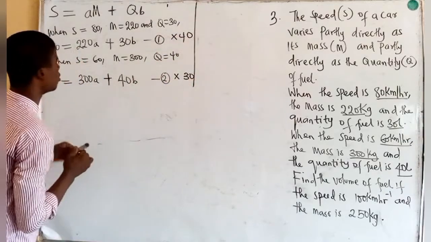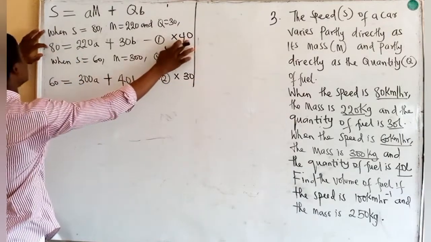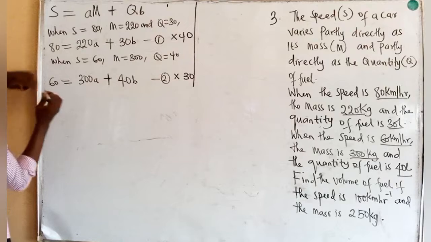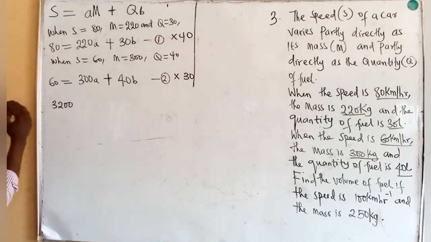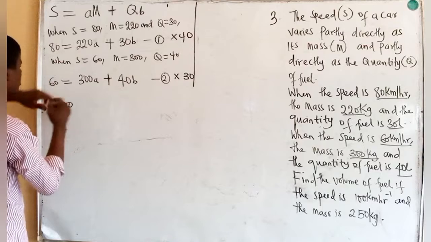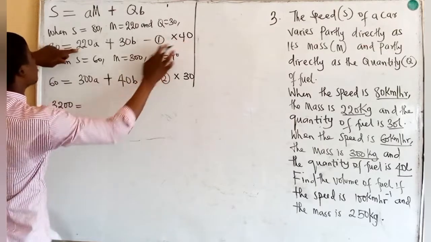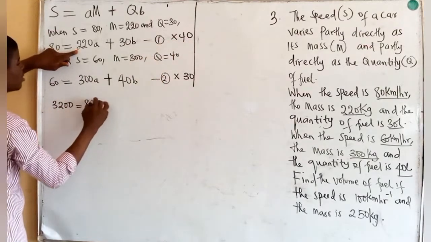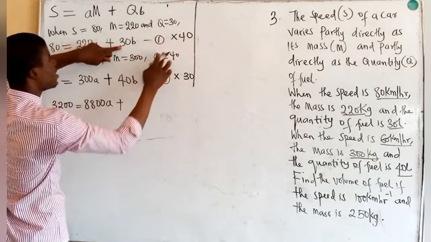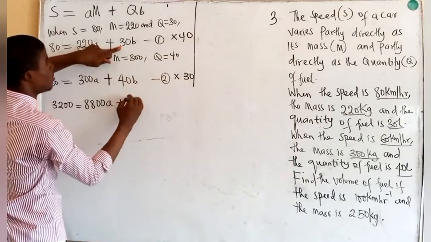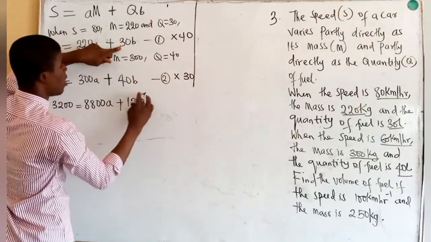Now look at what I will have. 40 times 80 will be 3,200. Then that is equal to 40 times 220, which gives me 8800A, plus 40 times 30B, which gives me 1200B.